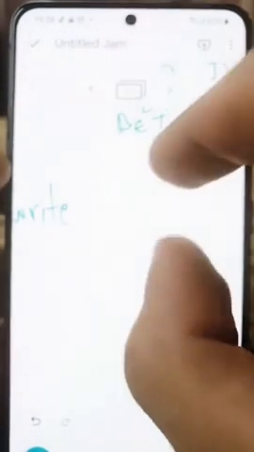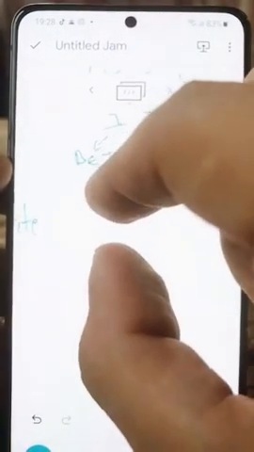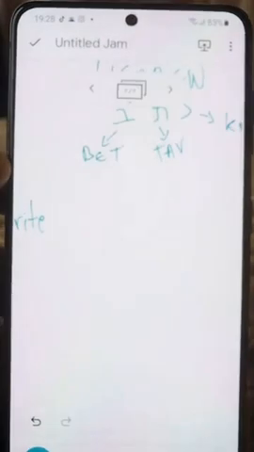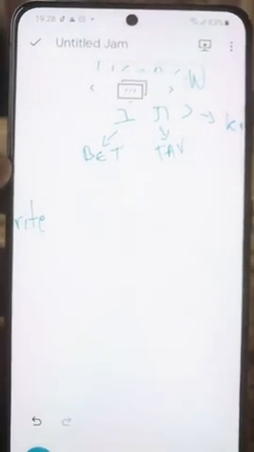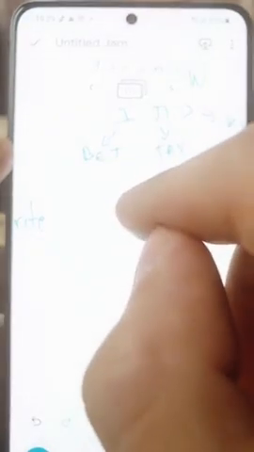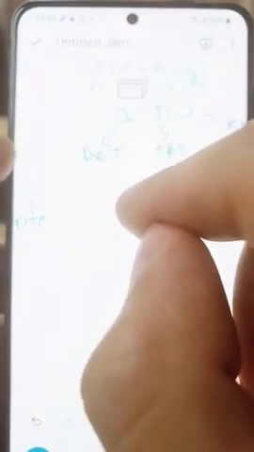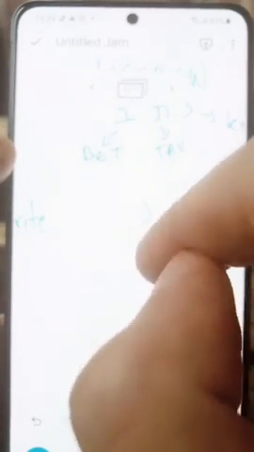So I highlighted the root. You notice the root is always there. Ki, ta, ba. I will also highlight the root.